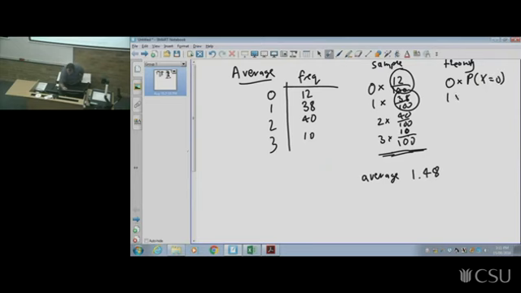And 1 times the probability that would happen for 1, etc. And then you add up all those different numbers to get some sort of average.